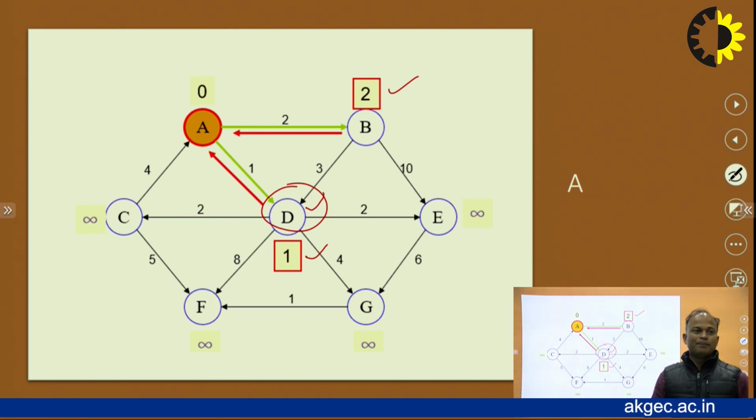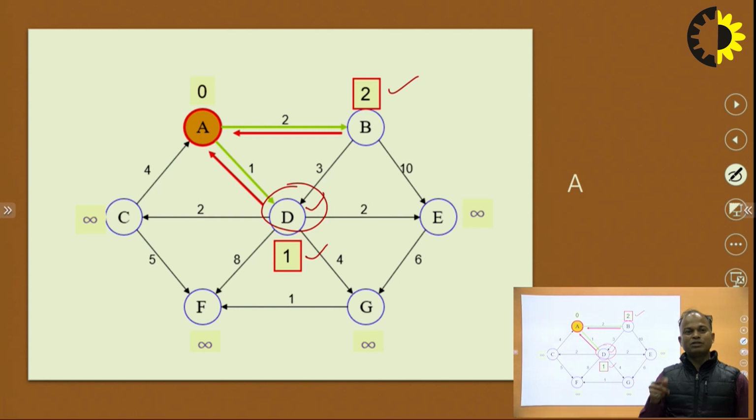I mean, we need to find the adjacents of D, not B, because up to B the distance traveled is 2, up to D the distance traveled is 1, and the minimum is 1. So therefore, we will identify the adjacents of D, not B, at this moment.